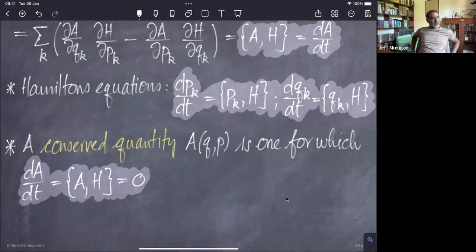Hilbert realized pretty much as soon as Einstein had formulated general relativity that there was a problem with this theory in that it didn't seem to conserve energy. And if it didn't conserve energy, then there's something fundamentally weird about the theory.